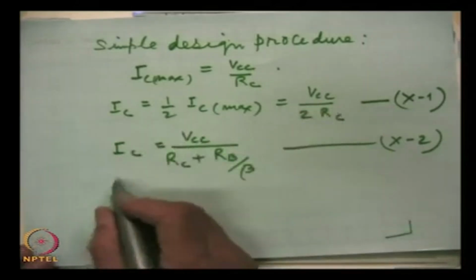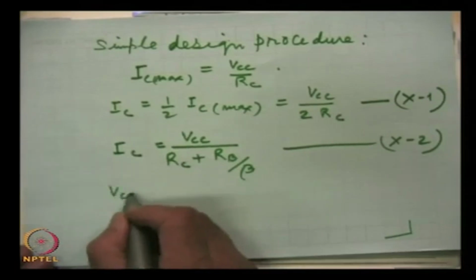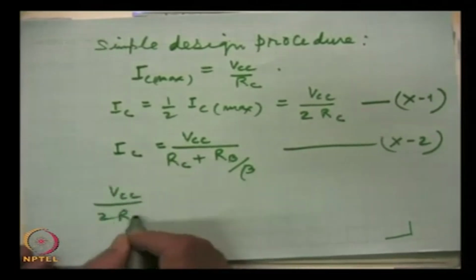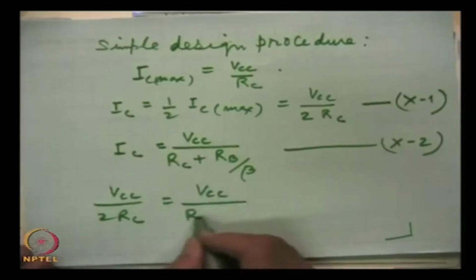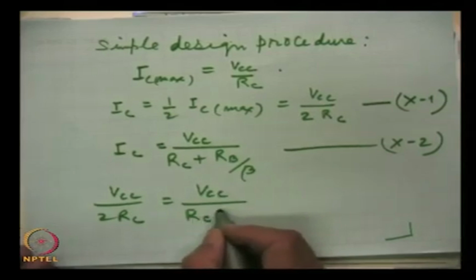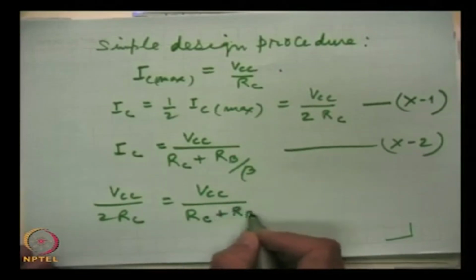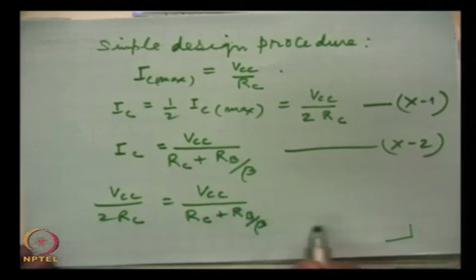So this will be VCC by 2 RC equal to VCC by RC plus RB by beta.